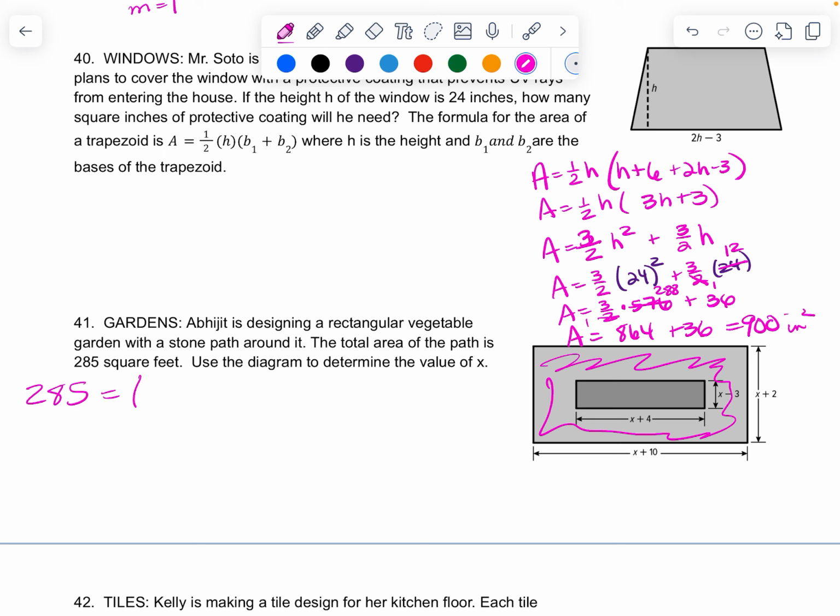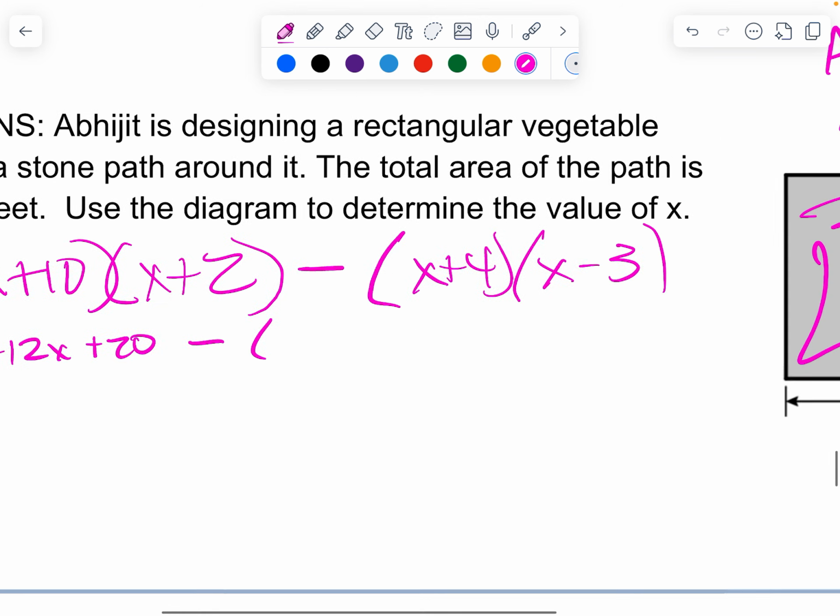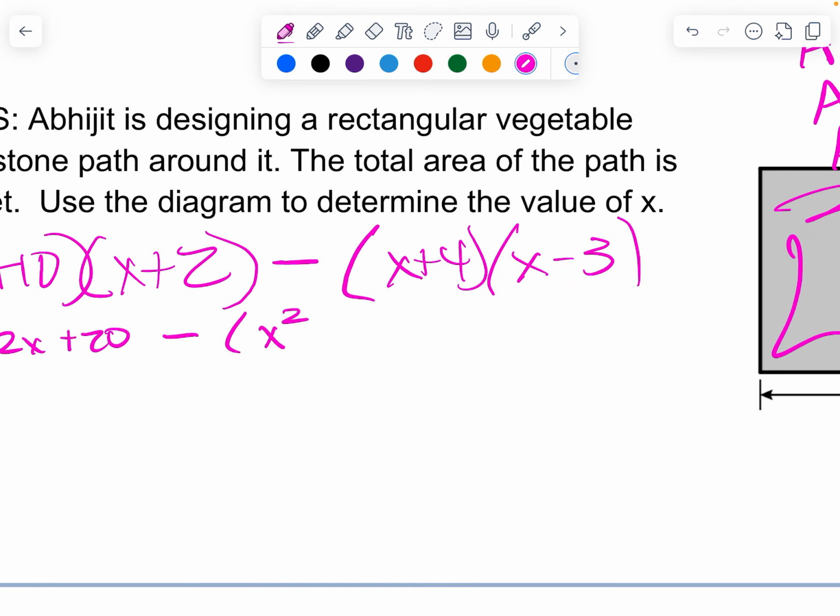So the big area is x plus 10 times x plus 2 minus x plus 4 times x minus 3. Okay, so I have 285 equals x squared plus 12x plus 20 minus the quantity x squared plus x minus 12.